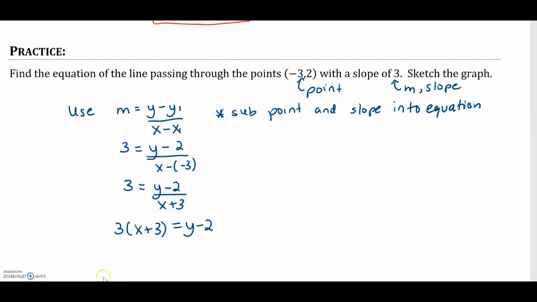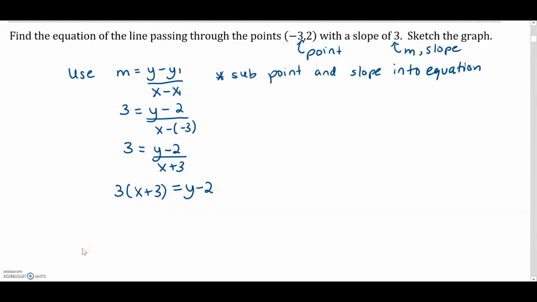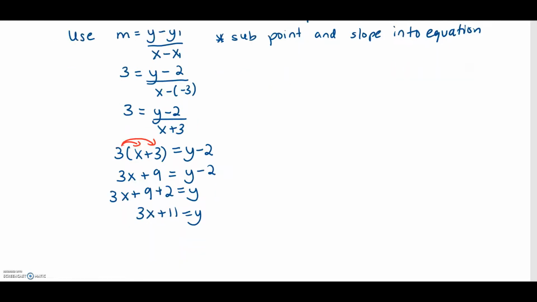If we'd like to put this same equation into y equals mx plus b form, we can solve for y. What I've done here is expand the 3 into the brackets, and you can see you get y is equal to 3x plus 9 plus 2. Therefore, y is equal to 3x plus 11.